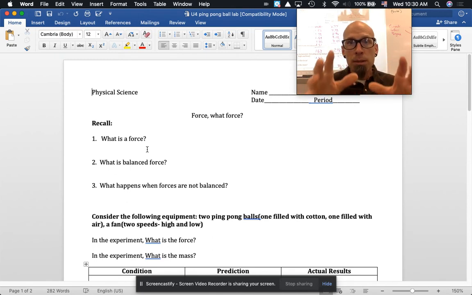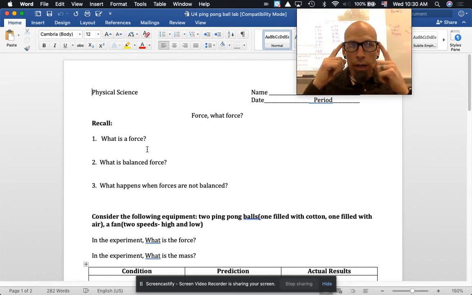Now, I've noticed that some of you are not putting names on the forces, which I've asked you to do. Again, the names on the forces are forcing us to think through, okay, who's the agent and who's the object? Who are the two things involved in this force?